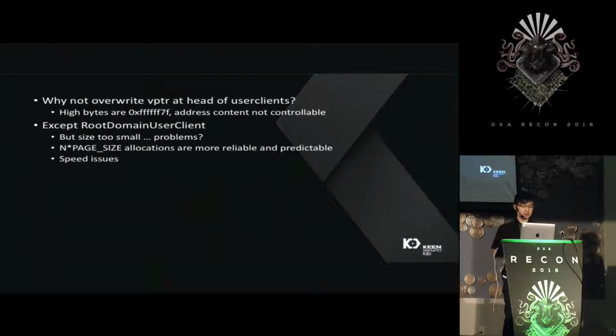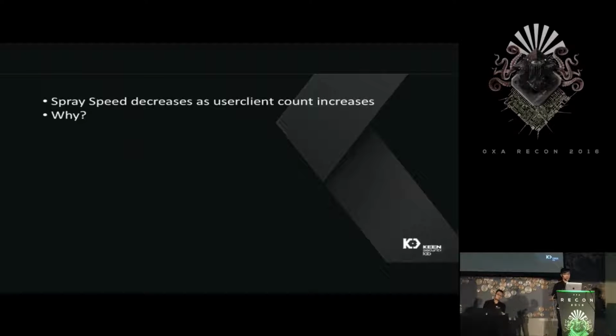The first is that we prefer to spray or allocate big user clients whose size is a multiple of the page size, to ensure that its vtable pointer is located at the start of a page, which makes the address more predictable. Also, small user clients introduce spray speed issues. We observed that the spray speed of user clients decreases as the user client count increases.